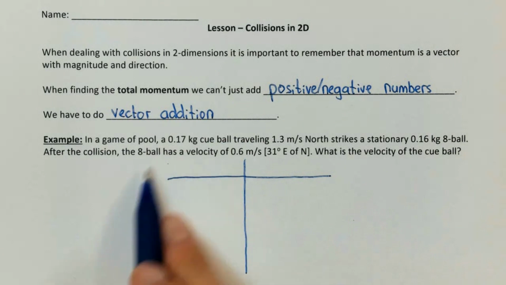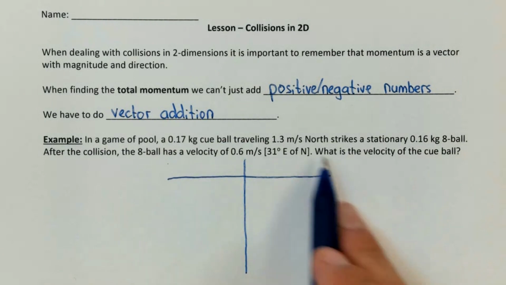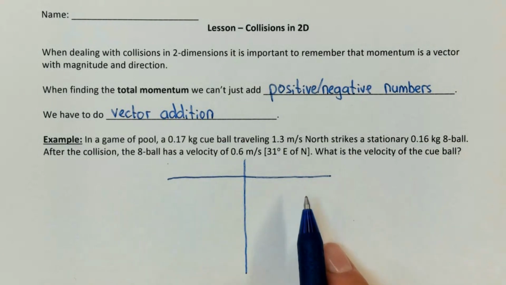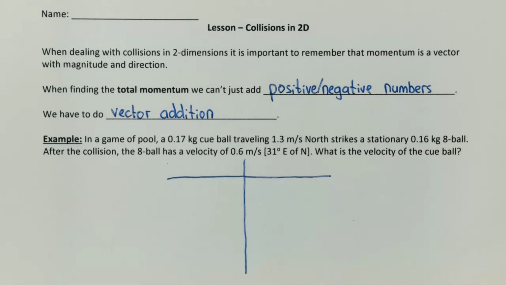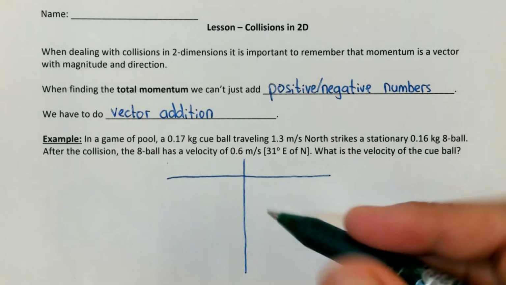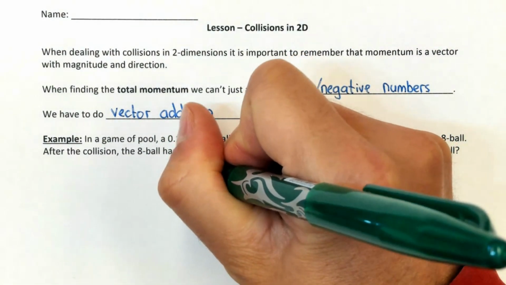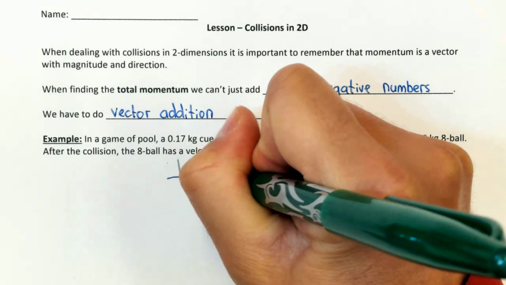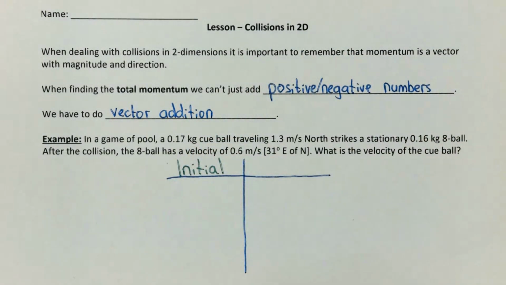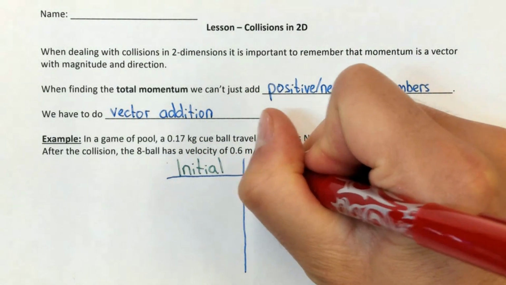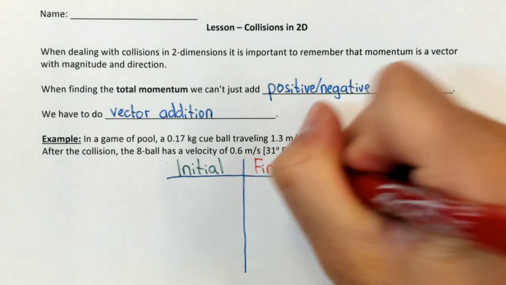This side is for things that are happening before the collision. This side is for things happening after the collision. And I'm going to draw a diagram. And what I'm going to do to make things super clear, I'm going to use different colors. I'm going to use green for initial, and I'm going to use red for final.